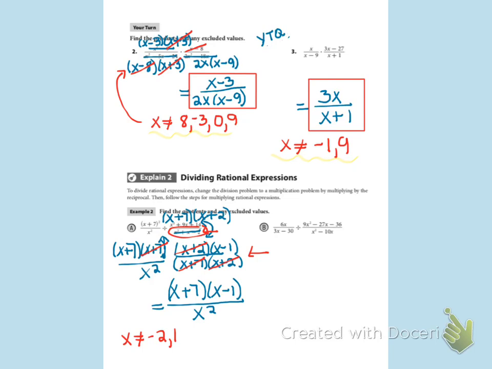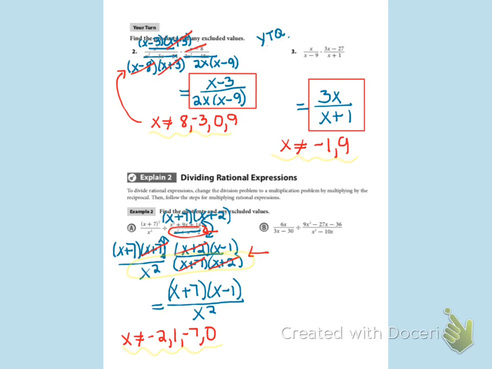And then now we're going to look here once we change it to multiplication of the reciprocal and all those values that make that 0. So there's that -2 again. There's a -7. And of course, what would make the x squared 0 is 0. So we have 4 excluded values here: -2, 1, -7, and 0.